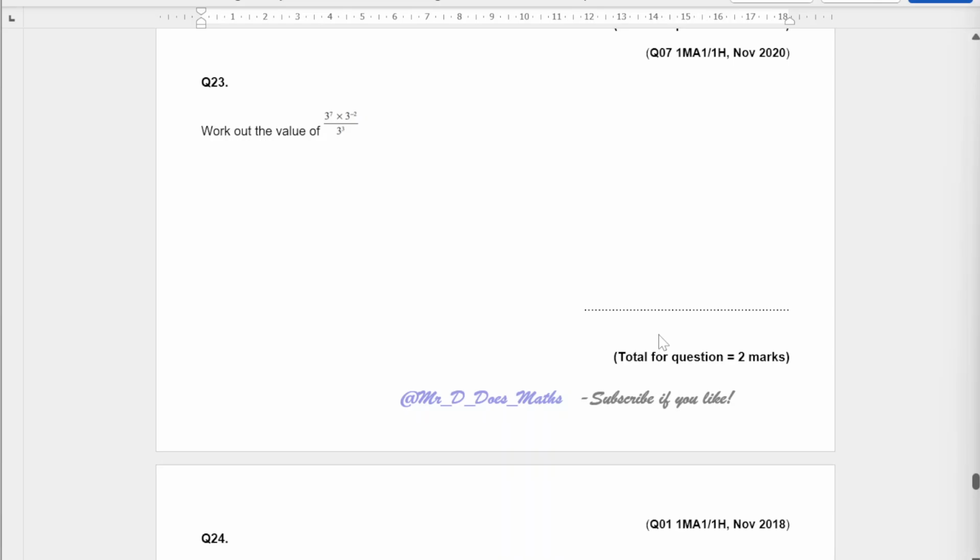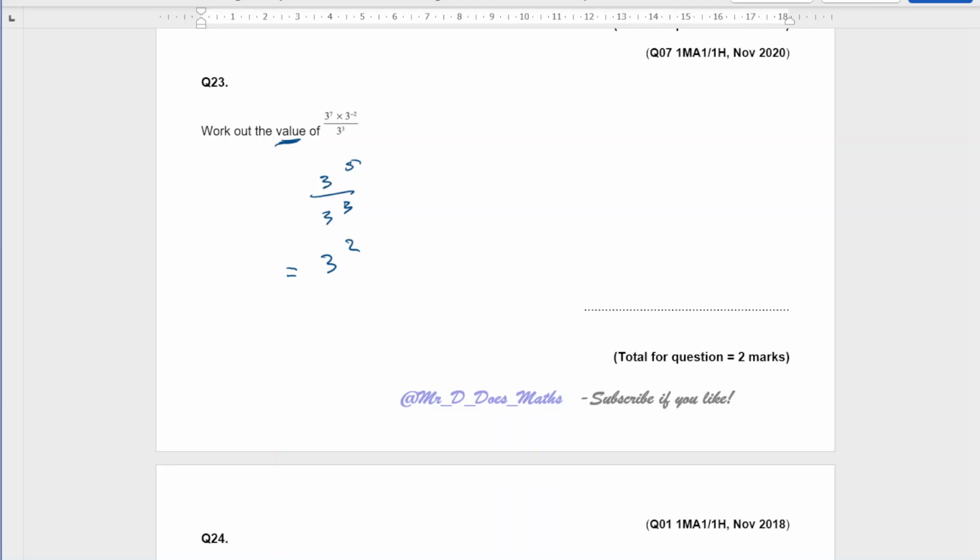All right, question 23, work out the value of. So I'm going to do the top line first of all. So we add the powers there. So that's going to be 3 to the power 5 over 3 to the power 3, then we subtract the powers. So that's going to give me 3 to the power 2. This actually says the value though. This is technically not really the value.